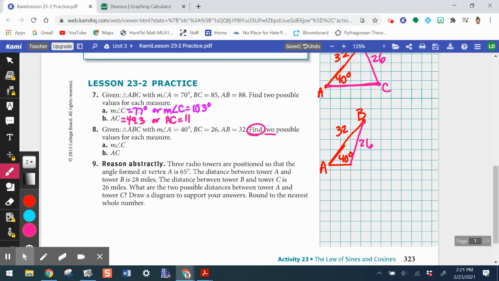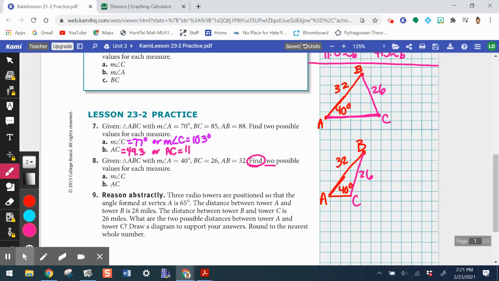So the length of BC still could be 26 and create what looks like an obtuse triangle. So again, based on what we're seeing with the law of sines, the ambiguous case, there are two possibilities based on the measures that they gave us. So our first task is to find the measure of angle C. And again, it's either going to be an acute angle or an obtuse angle.